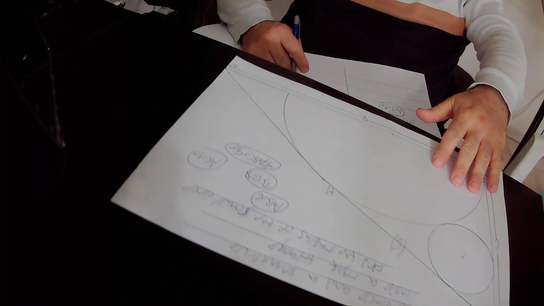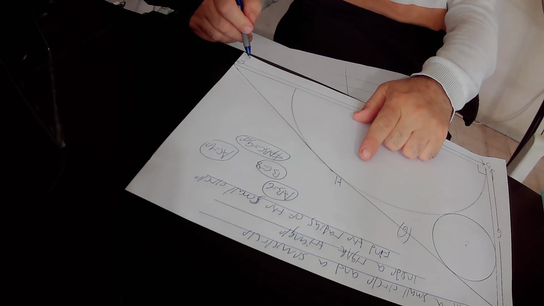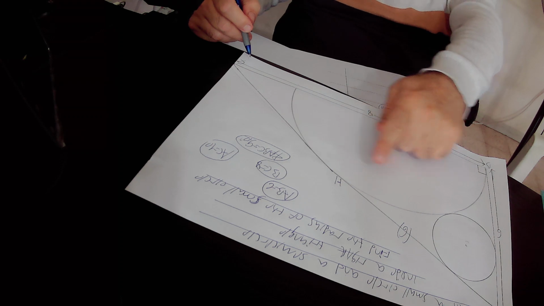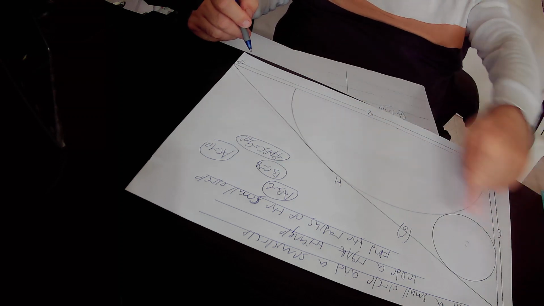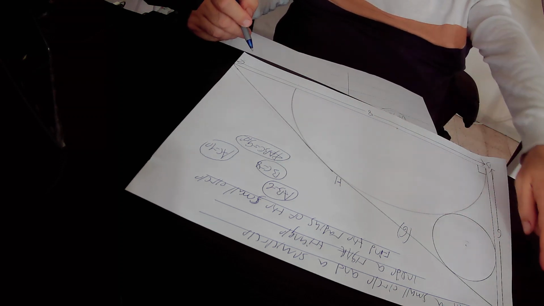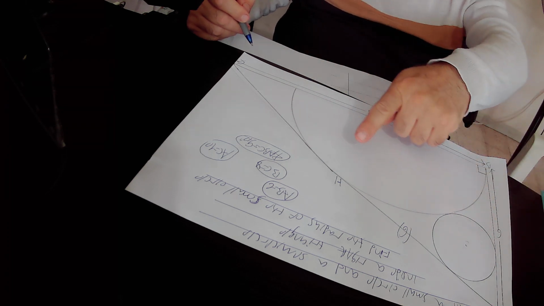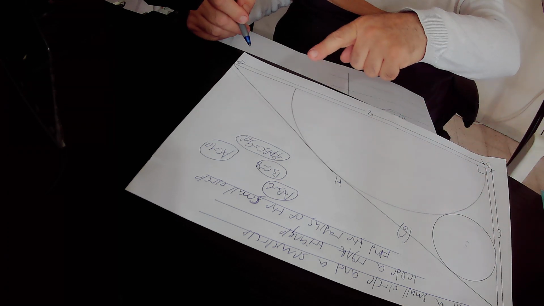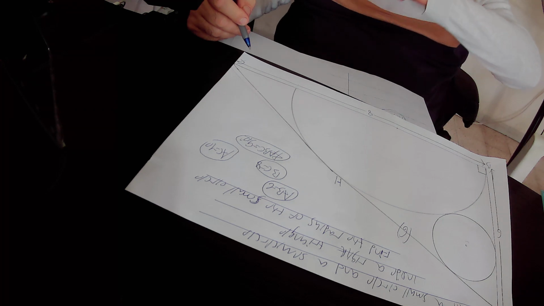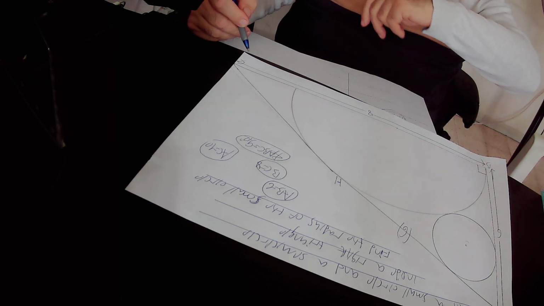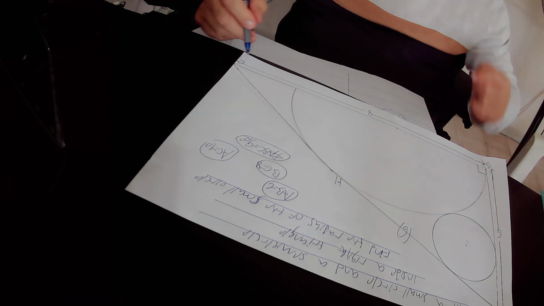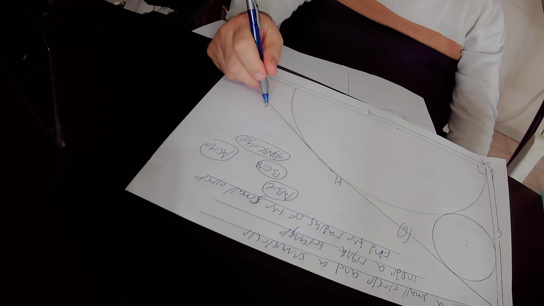What is the length of edge HC? Edge HC equals AC minus AH. AC is 10, AH is 6, so HC equals 10 minus 6, that is 4.